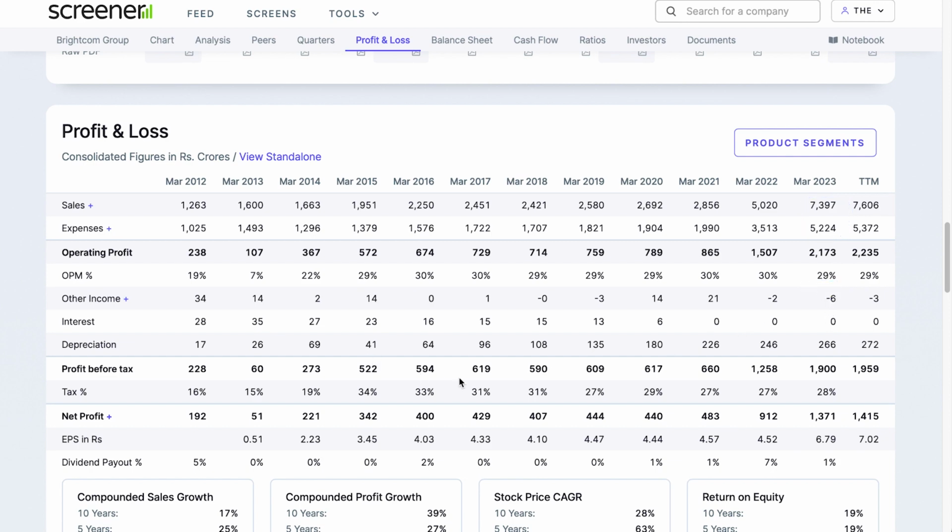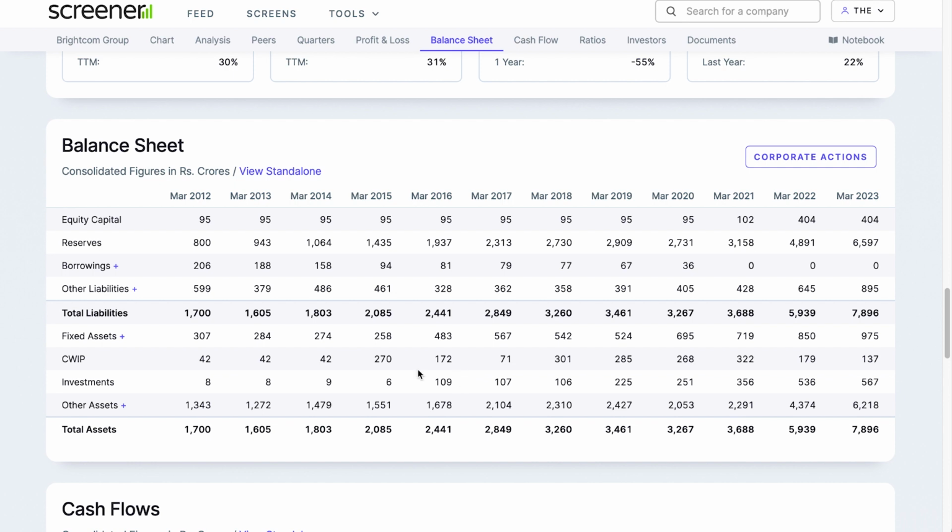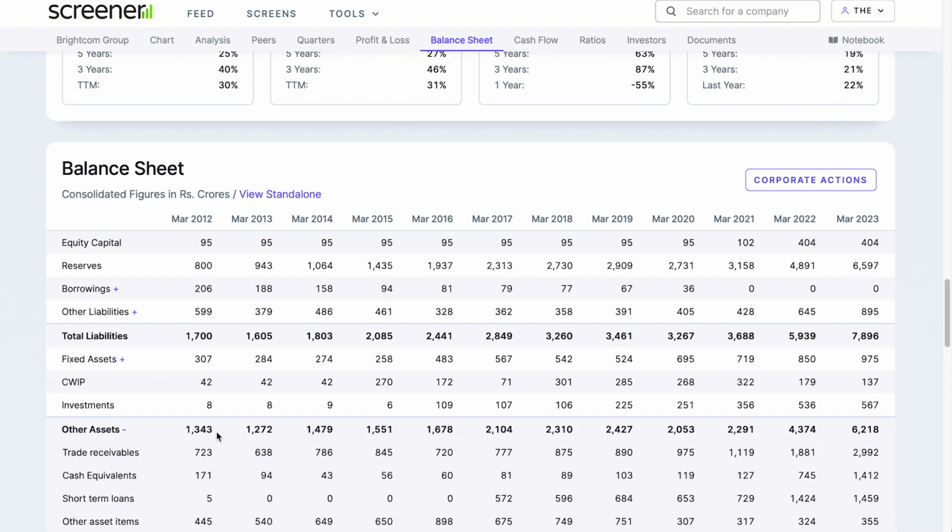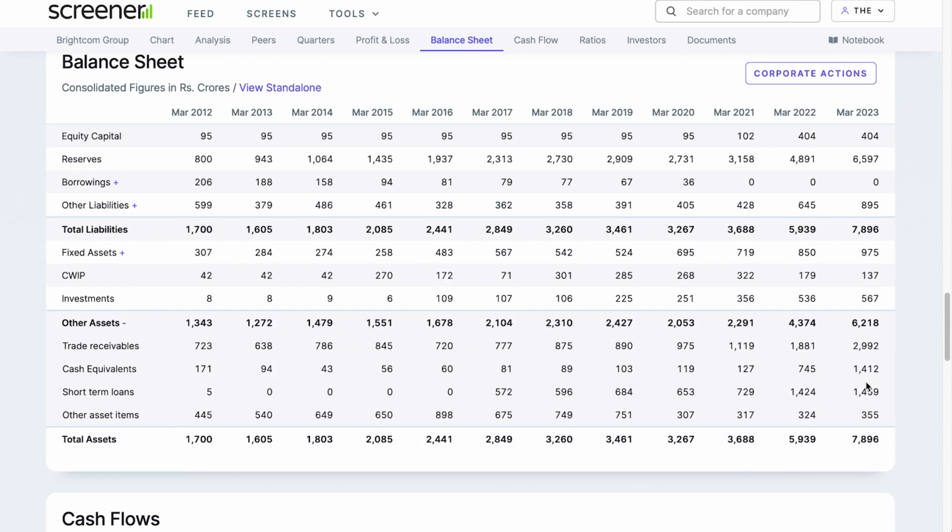If we go down into the balance sheet, borrowings are nil. In the other assets, we have a significant amount of cash equivalents, around 1400 crores available in cash.